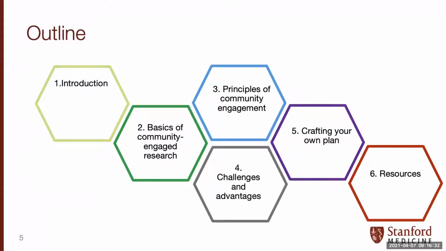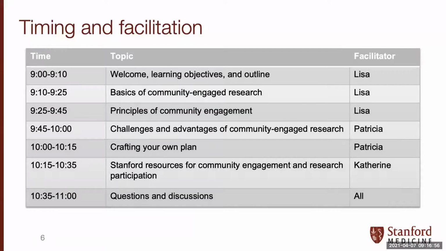Next slide. So here's our outline. We will do an introduction with some basics of community engaged research second. We'll go through the principles of community engagement, then discuss challenges and advantages. Crafting your own plan will be an interactive section of the morning, and then finally we'll end with some resources. Want to also give you kind of a timeline and who will be facilitating.